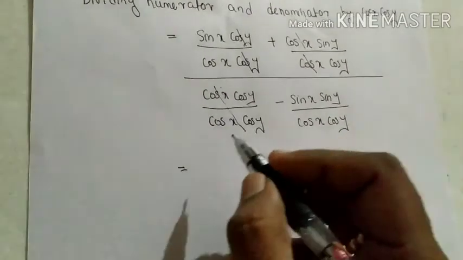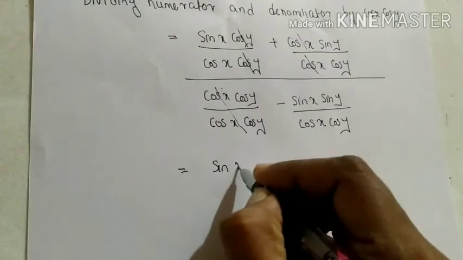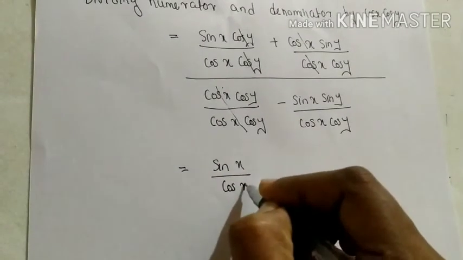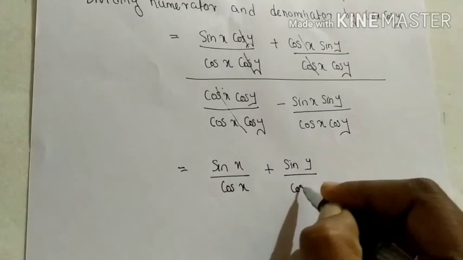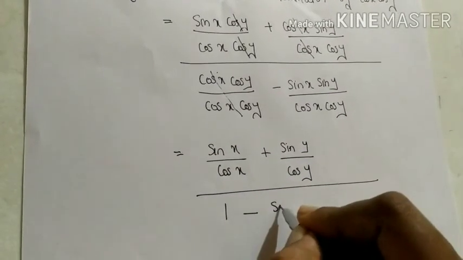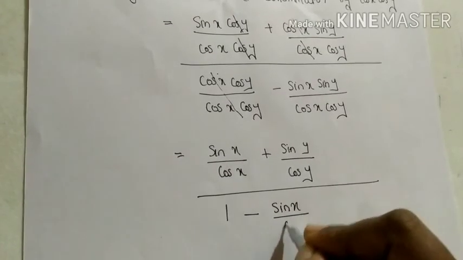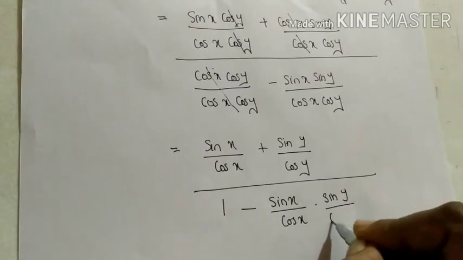Okay, and we get sin x by cos x plus sin y by cos y, whole divided by 1 minus sin x by cos x into sin y by cos y.